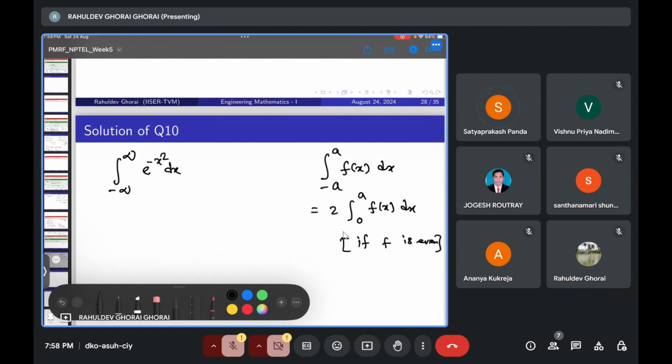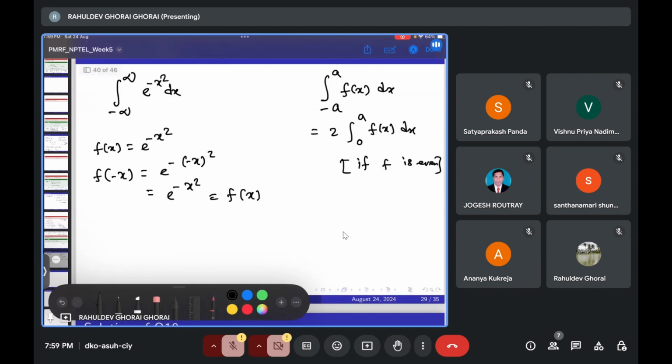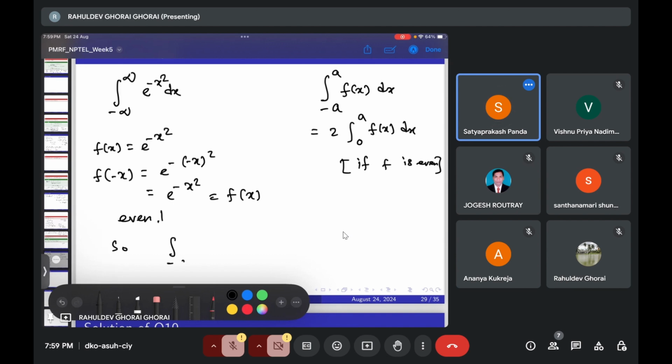Yes, sir. Okay, so is f even here? Here f(x) equals e to the power minus x square. So f of minus x is nothing but e to the power minus x whole square, that is nothing but e to the minus x square, that is nothing but f of x. So this function is an even function, right? Yes, sir. Okay, so I got it, now it's fine. Yes, sir. Okay. Good.